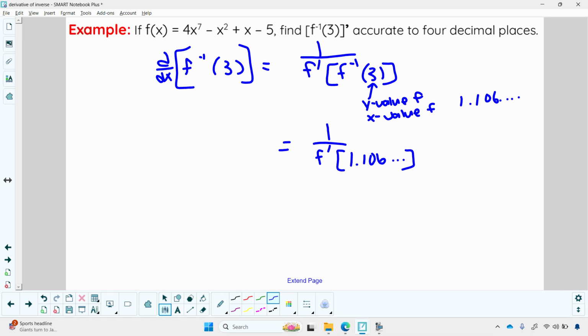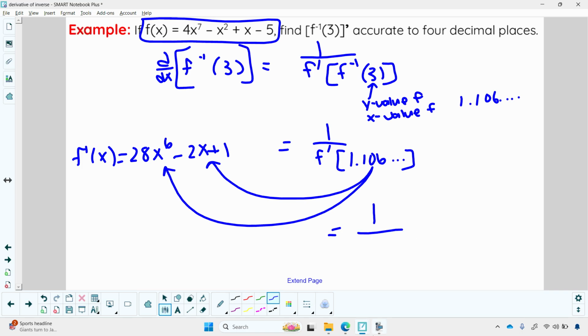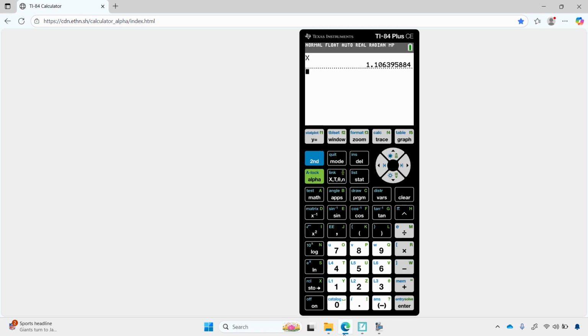So now I need to find the derivative of f. If f is equal to this, f prime is 28x exponent 6 minus 2x plus 1. So what I'm going to do is take that x value and substitute it in here and here. Then this will give me that answer. So back to my calculator.